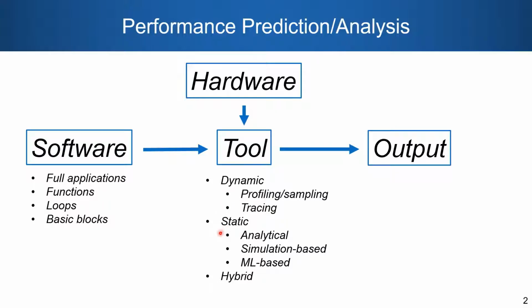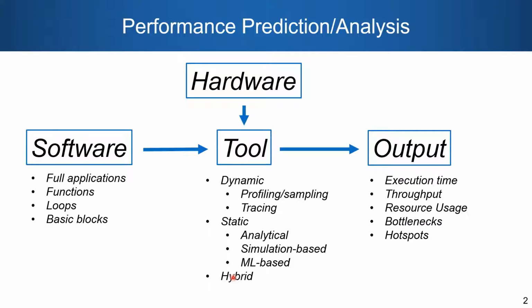And so there are, again, different types of such static analysis tools. So there are, for example, analytical tools, simulation-based tools, and machine learning-based tools. And there are also tools that combine static and dynamic approaches.